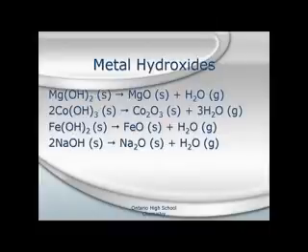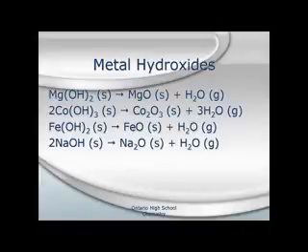Here are some examples of metal hydroxides decomposing. Now, when you see a metal hydroxide decomposing, oftentimes over the arrow there will be a delta sign written showing that it is decomposing because of the addition of heat. So you can see here magnesium hydroxide, solid, decomposing to solid magnesium oxide plus water vapor, H2O, in its gaseous form.